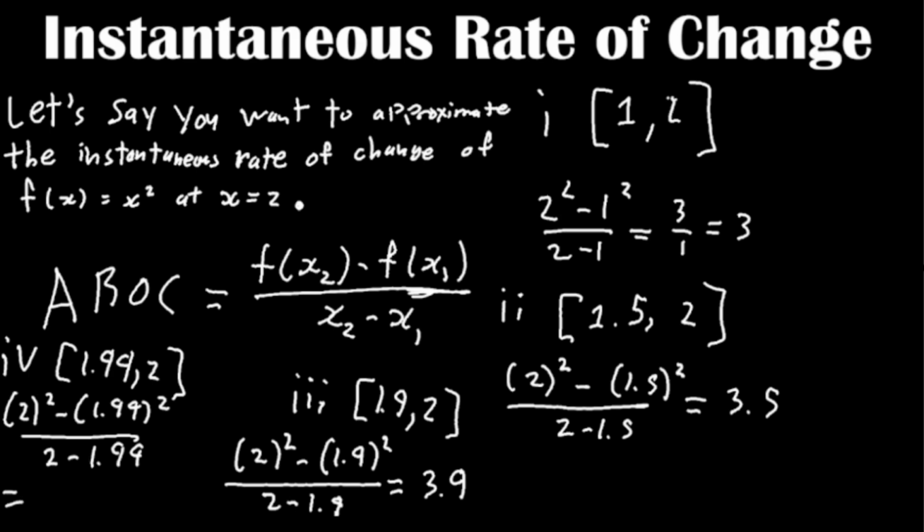If you plug that into your calculator, that will be 3.99. So it definitely seems like it's going to 4, but we don't know for sure. It seems like it's about 4, but these are only approximations, so we can't say for certain.